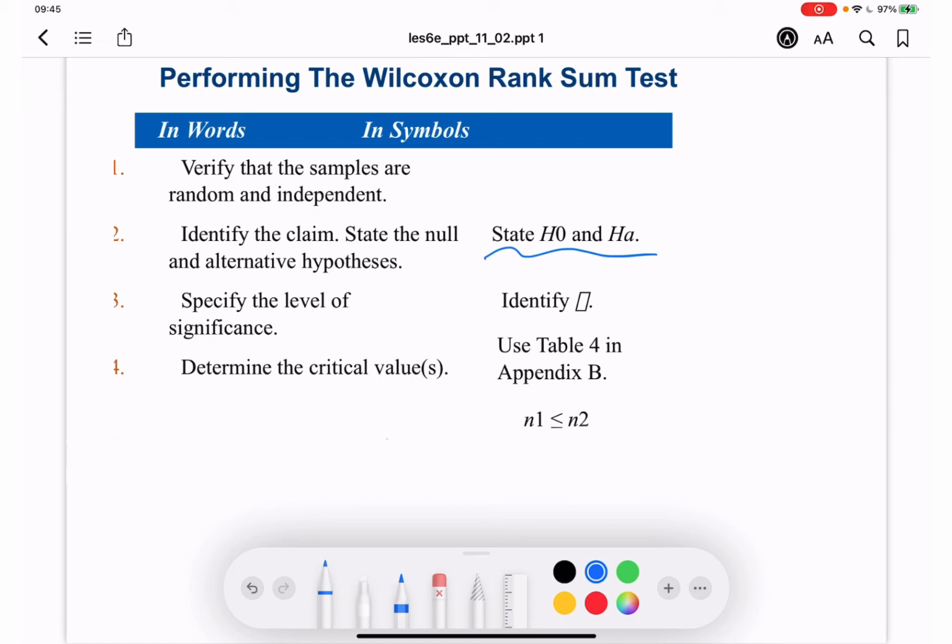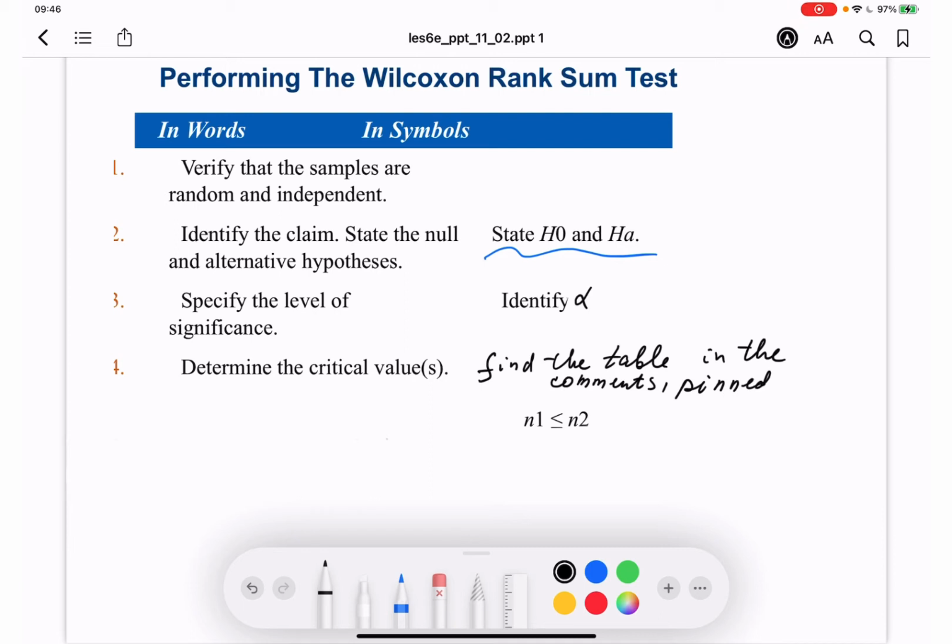Then we specify the level of significance, which is alpha. And determine the critical values. I am going to place the table under this video, in the comments, pinned.